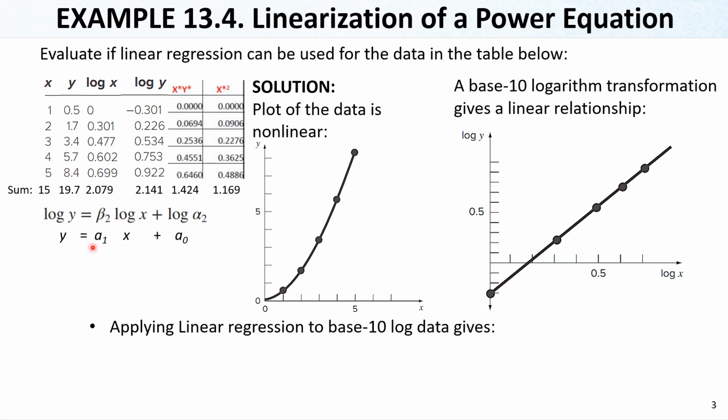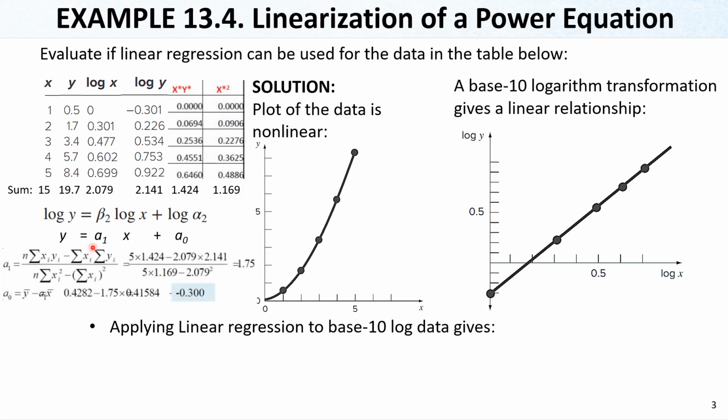Let's sum them as well, because the formula that we want to find a1 is this actually: the multiplication of these and summation. So this value 1, 4, 24, n is 5, there are 5 data, minus total x's, which is here logarithms. We have to be careful because we converted the data to logarithms, and total y's here divided by 5, xi's, the square of xi's, and the summation of it here.